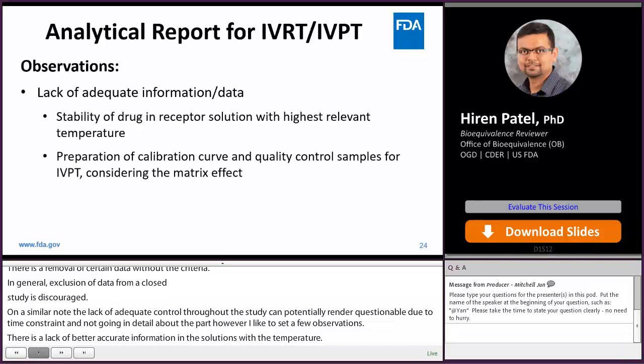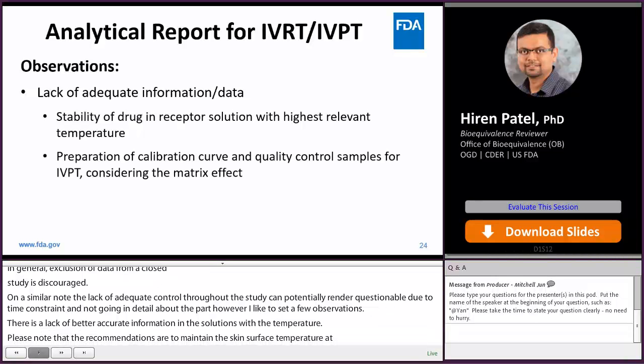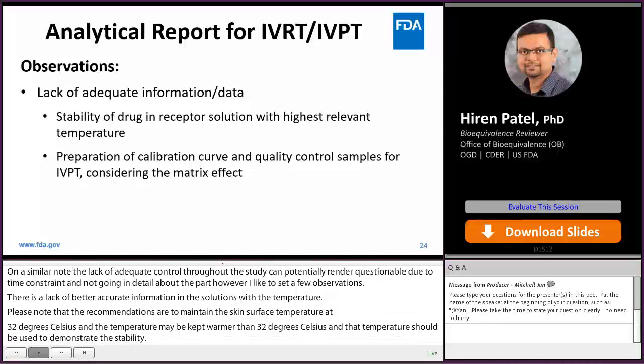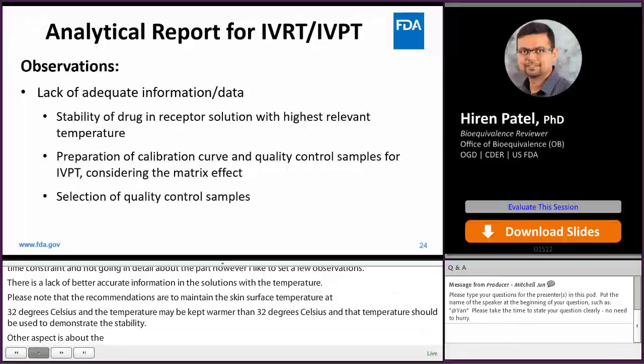Another aspect is about the matrix effect for IVPT samples in terms of preparation of calibration curve and quality control samples. Ideally, only the underneath of the skin portion should be considered. Selection of quality control samples is self-explanatory, therefore I will not go into detail.